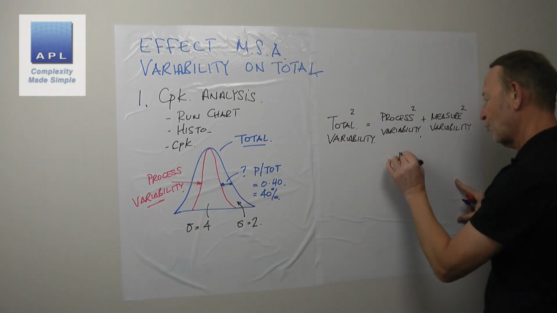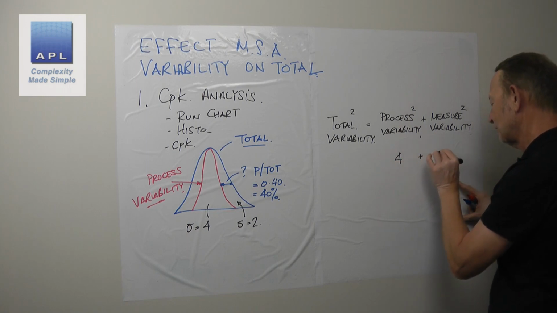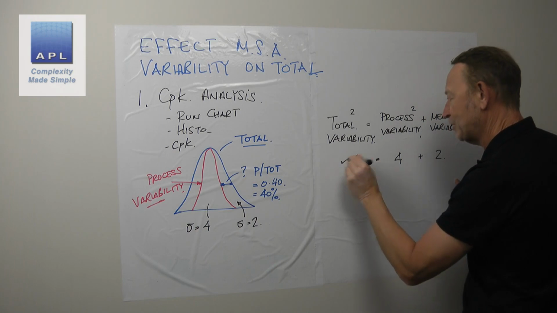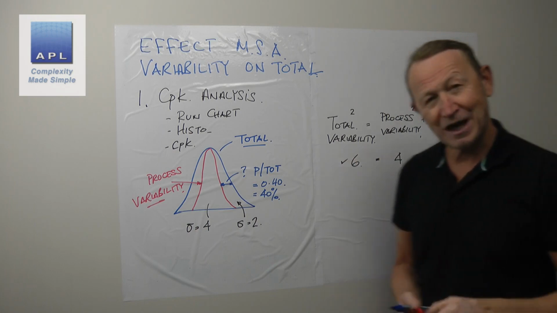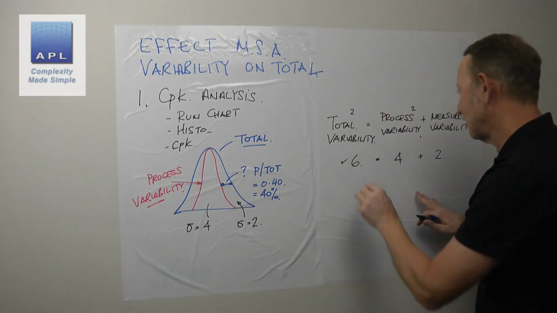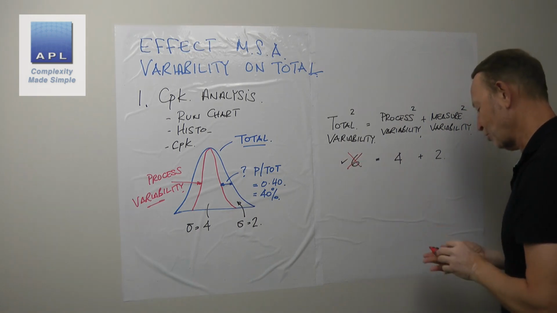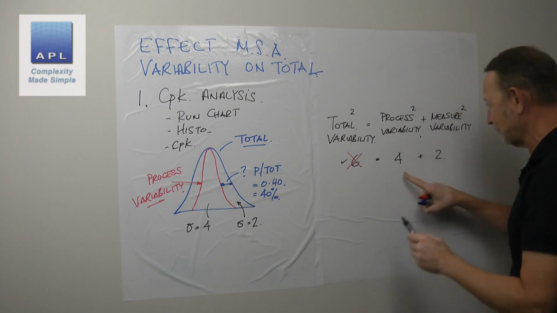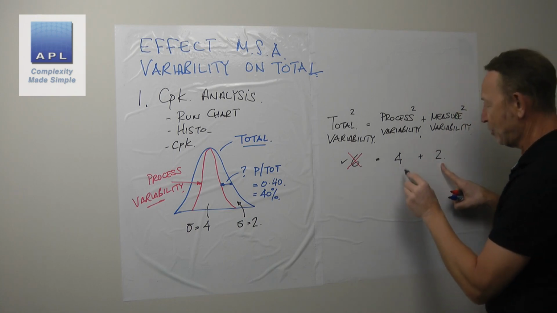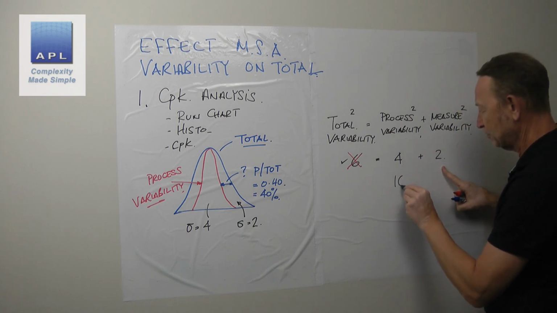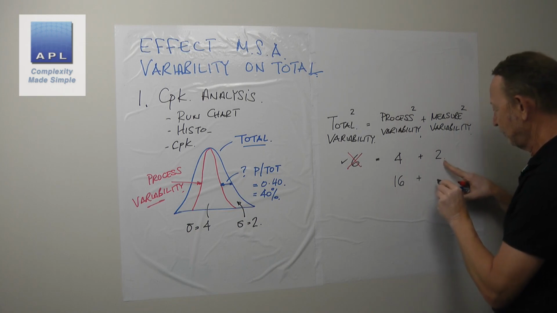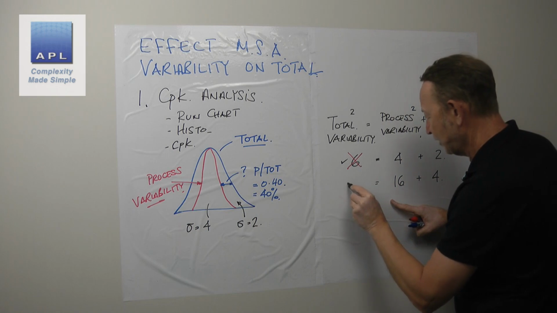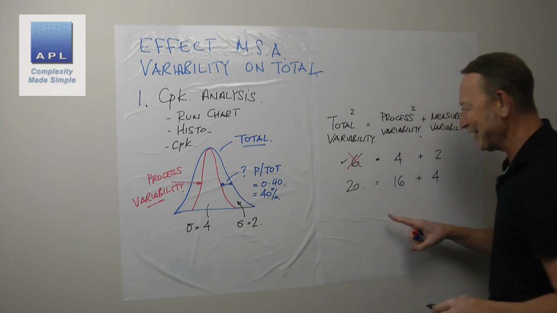Of course, what people assume is that 4 plus 2 would equal 6. But that isn't the way you do it with standard deviation. That doesn't work. And you'll see the difference when we add the variances together. So if I square 4, I get 16. If I square 2, I get 4, which means what I get, of course, is 20.